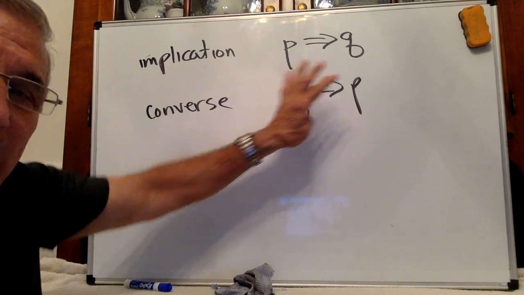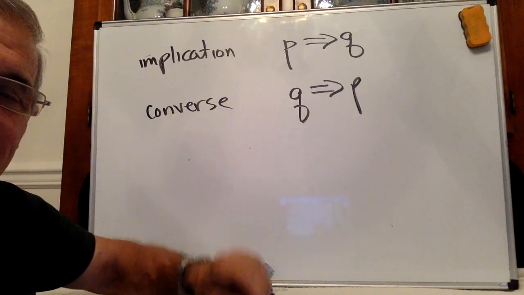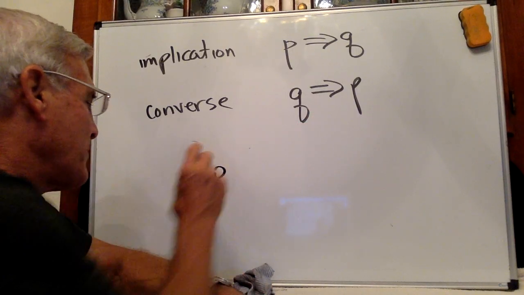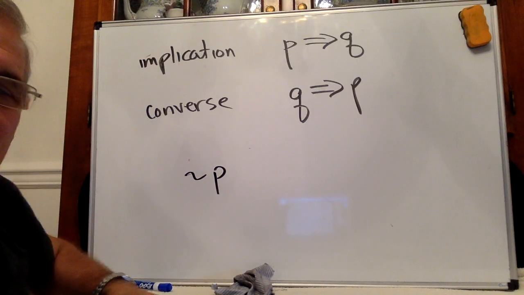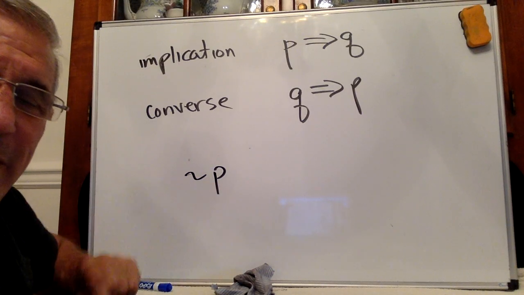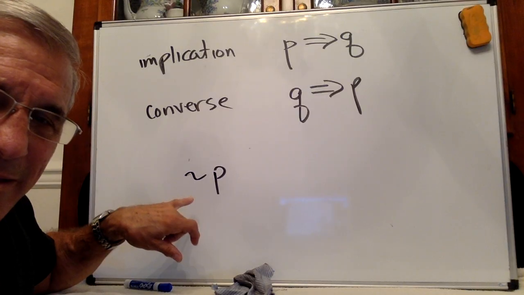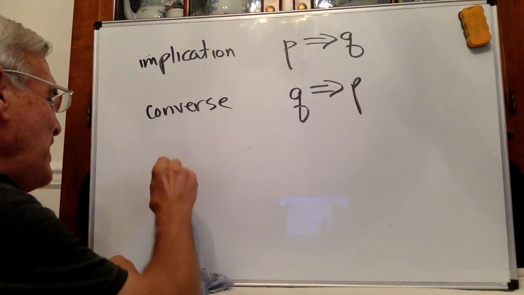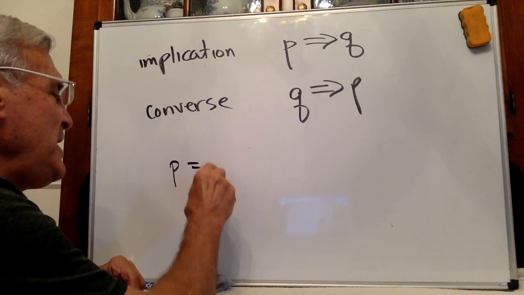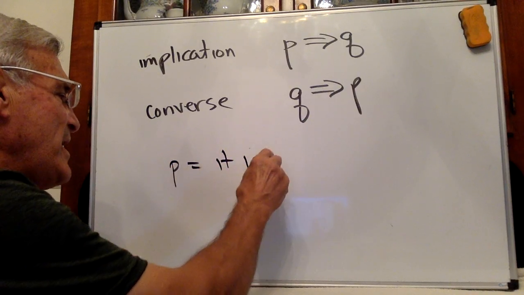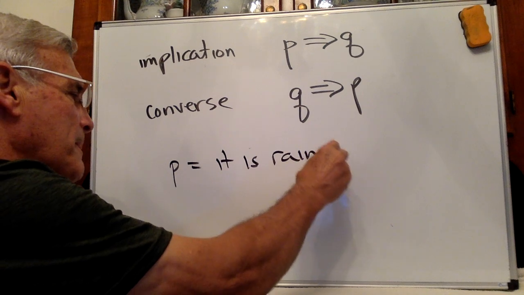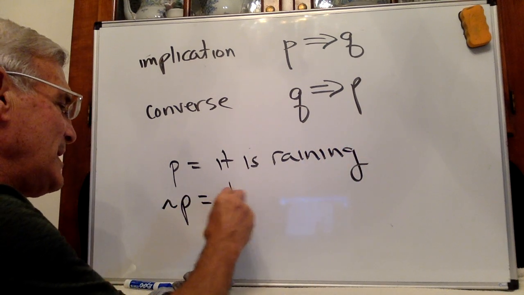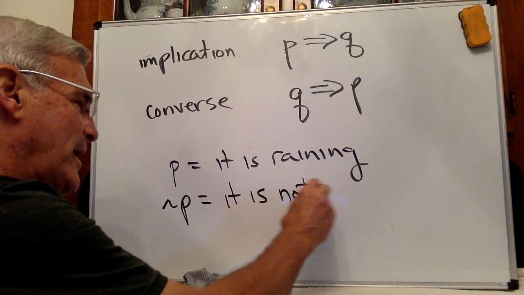This is called symbolic logic. I'm using symbols here. Something else that we're going to learn is this. This little squiggle in front of a letter means not P. So if I define P as it is raining, then not P means it is not raining.